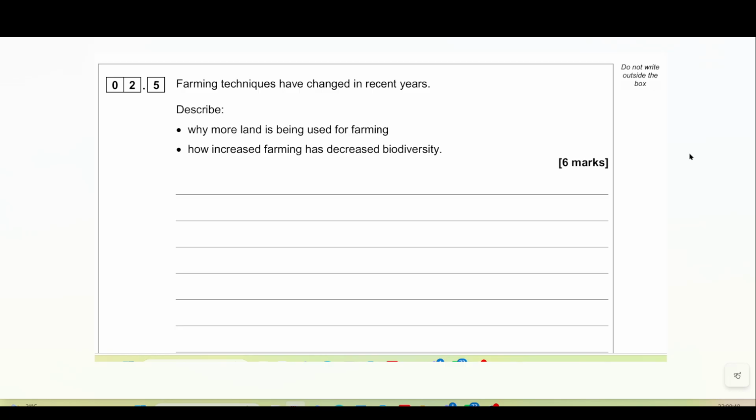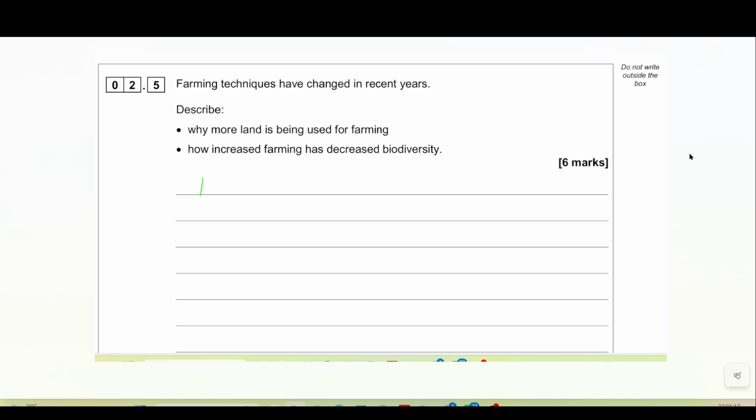Demand for goods has increased as population increases, so demand for food also increases. More farmland is required to grow crops.